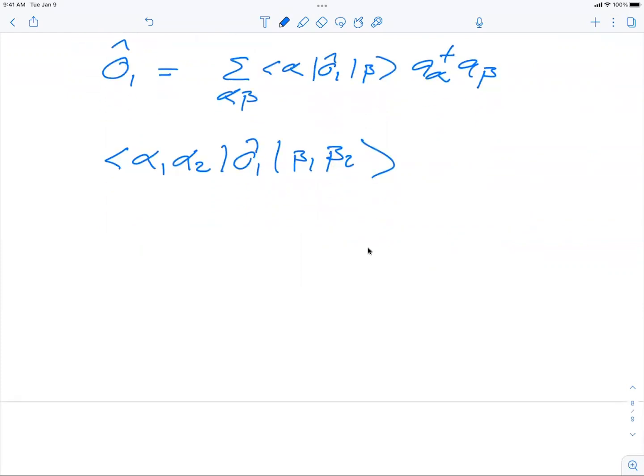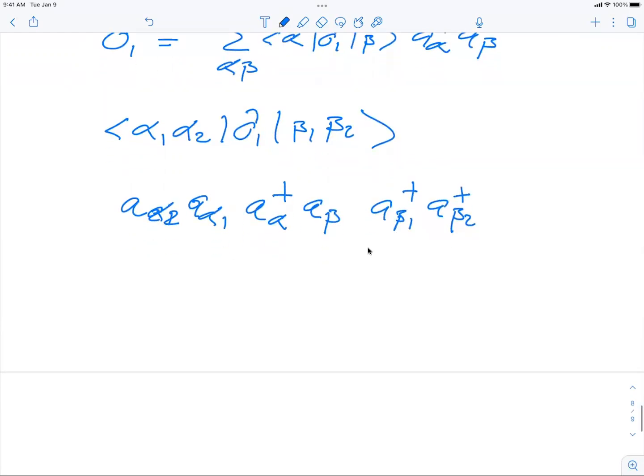Now, if we take the operators themselves, we need to perform the contractions of A alpha 2, A alpha 1, and then A alpha, A beta, and then A beta 1 dagger, and then A beta 2 dagger.